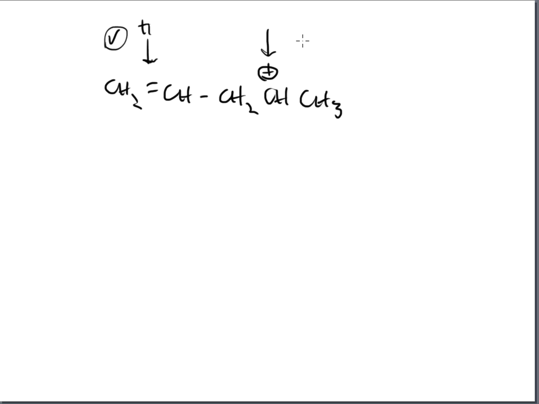But notice what I did on the last example. I said that they have to be neighbors. So this is my sp2 carbon right here. That's the sp2 one. That means the neighbor carbon next to that one better have something on it in order for delocalization to take place. And it doesn't. There's no other sets of electrons here.